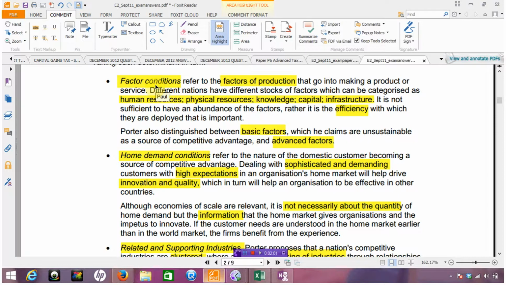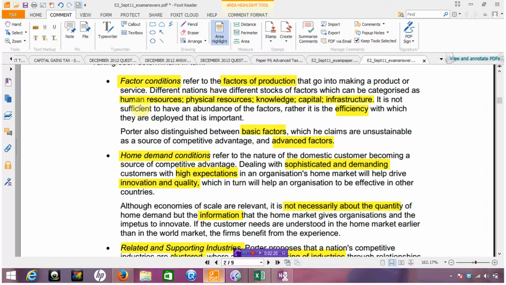Get it exact. Okay, so factor conditions, we're referring to factors of production or stocks of factors of production. And the type of things that we'd be referring to there are really resources, know-how, capital, etc. So really what we're saying is that certain countries will have an edge over other countries in relation to these factors of production.